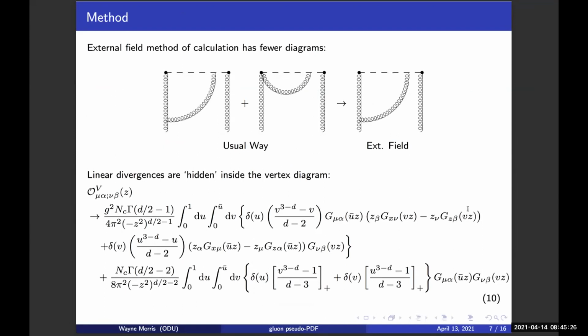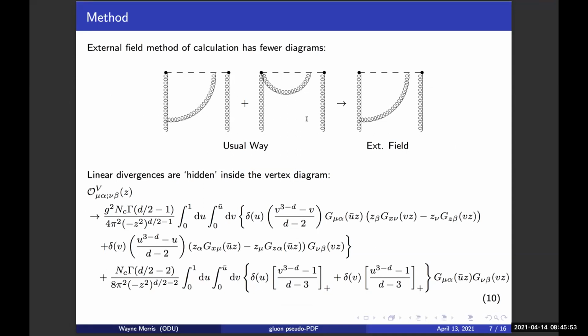So one other thing to mention about this external field method is that diagrammatically, you get what you could call a simplification, just in terms of having fewer diagrams to think about. Basically, in the way you would usually think to do it, instead of writing out your Feynman rules, you'd have this vertex graph and this graph here with the insertion from the gauge link into the vertex.